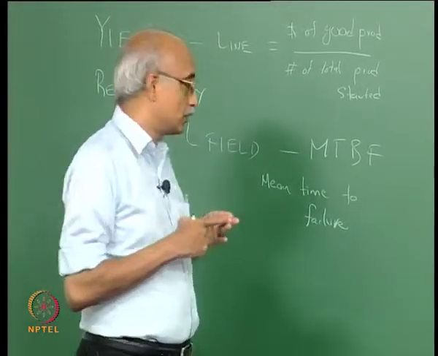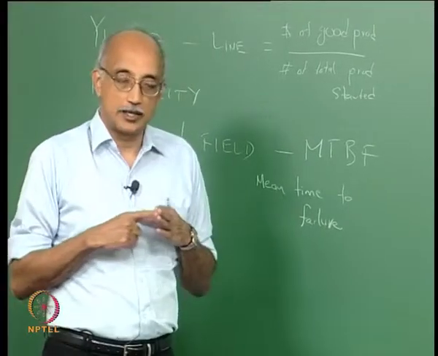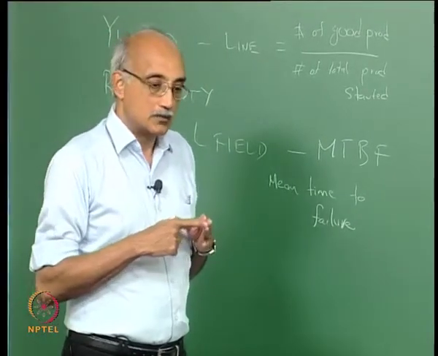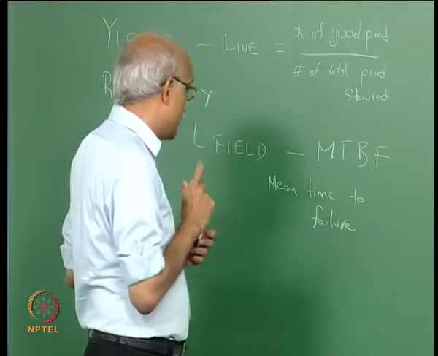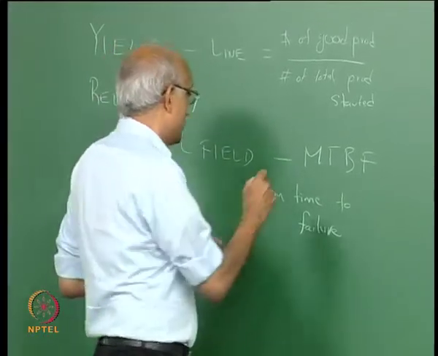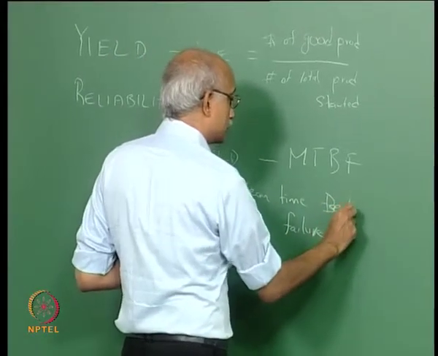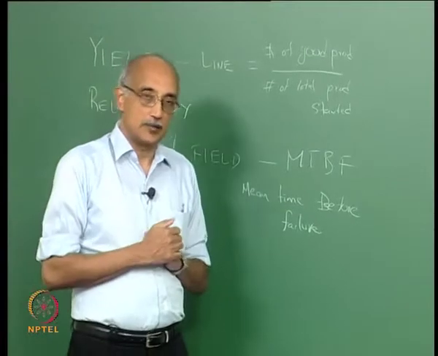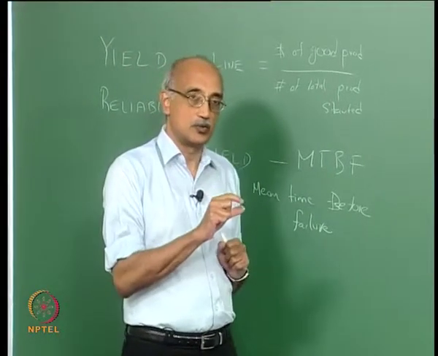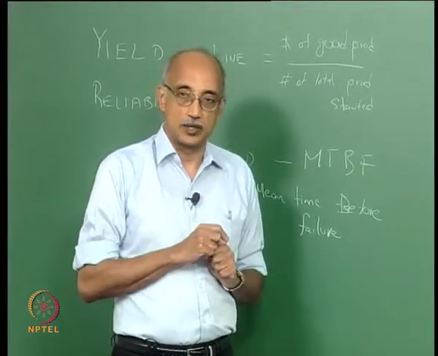So, the reliability requirements for those products are likely to be of the order of 5 to 7 years. So, the mean time before failure for the high end products can be much longer than the mean time before failure for the low end products.